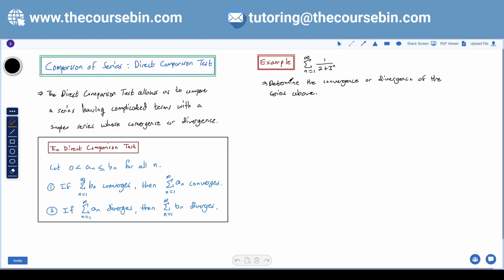So the thing is, we have this 1 over 2 plus 3 to the power of n, and we want to check to see if it converges or not, right?